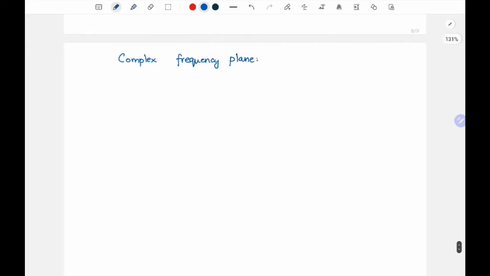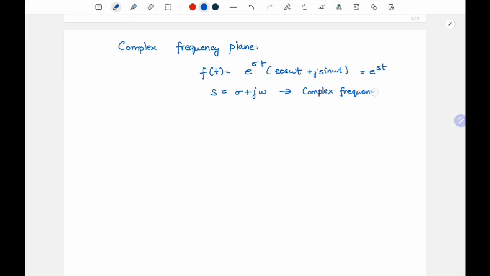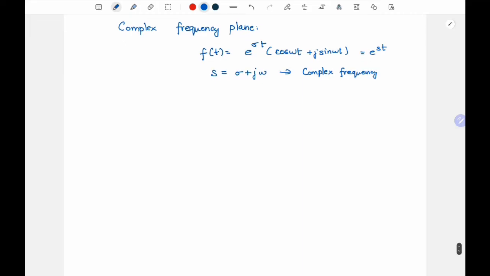So f of t is e power sigma t into cos omega t plus j sin omega t. And it is nothing but e power st, and this s is the complex one, sigma plus j omega. So this s is called the complex frequency. Omega is the imaginary part of the complex frequency.